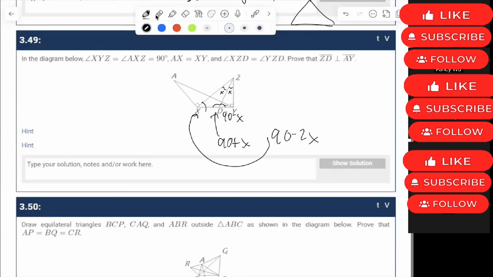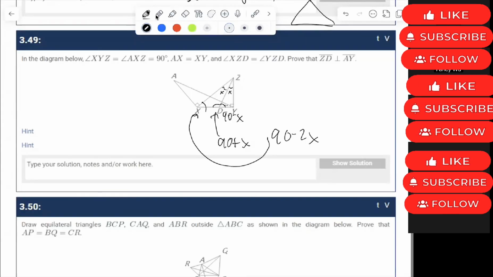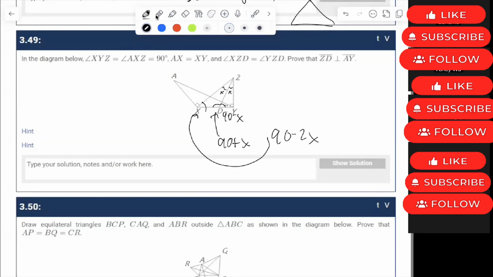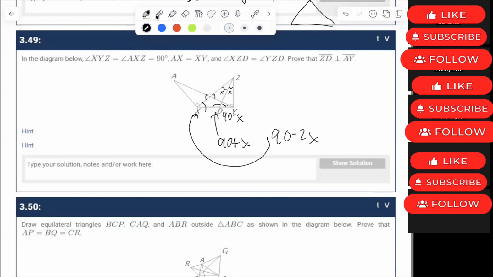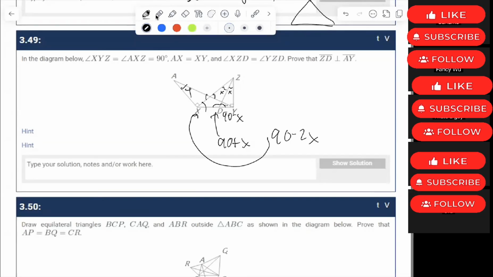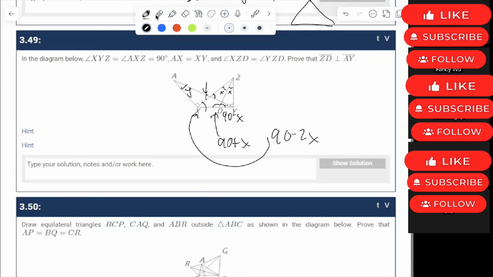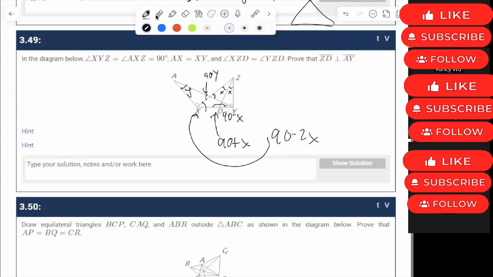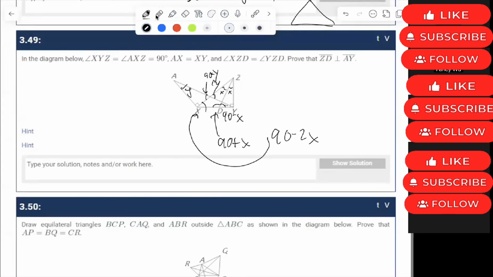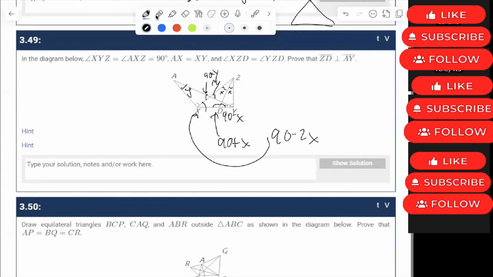Since we know that AX is equal to XY, and these angles are the same, let's note this is y. Let's see. What else can we grab from this? Well, this is going to be 90 minus y clearly. This is 90 minus y clearly. And this is also going to be 90 minus y, obviously.